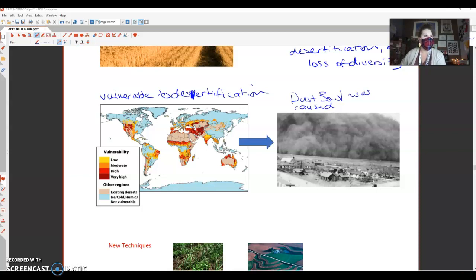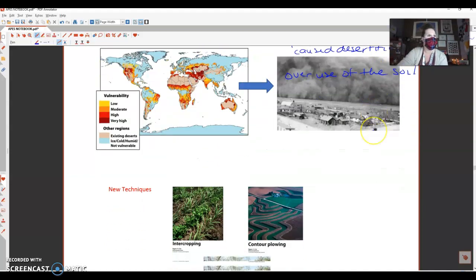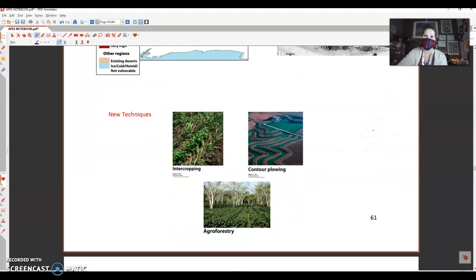So, the Dust Bowl was caused by desertification. Okay. Which was caused by overuse of the soil. All right. We don't ever want to overuse the soil to a point to where it can't grow anything. So this is why we use these new techniques.